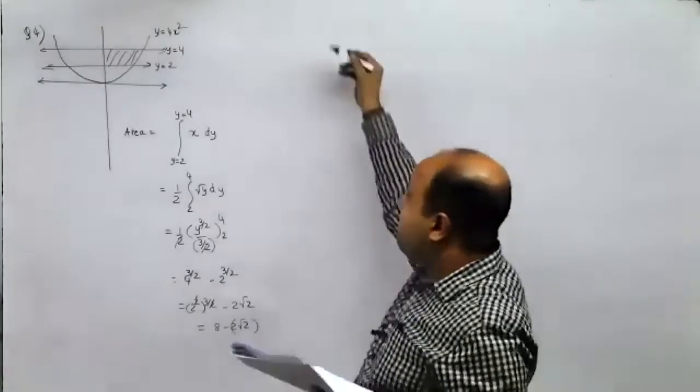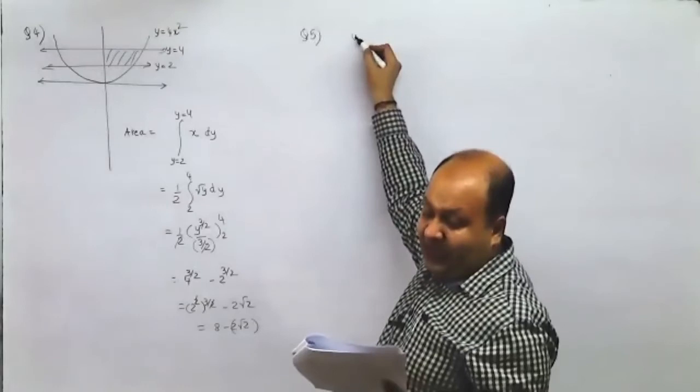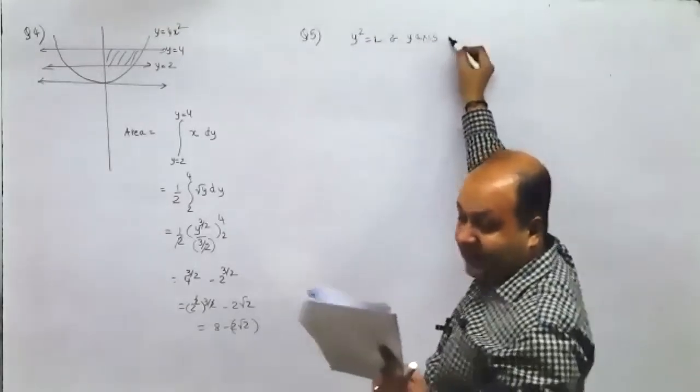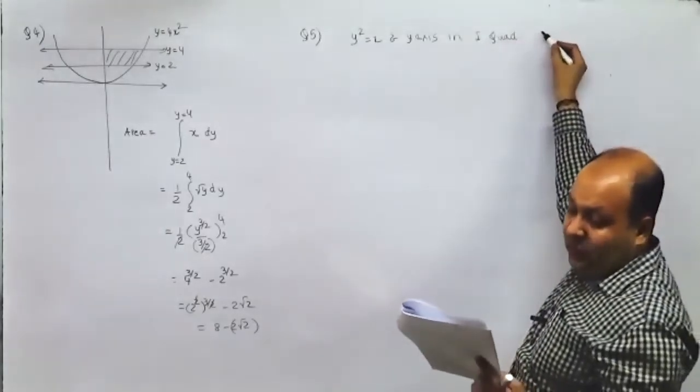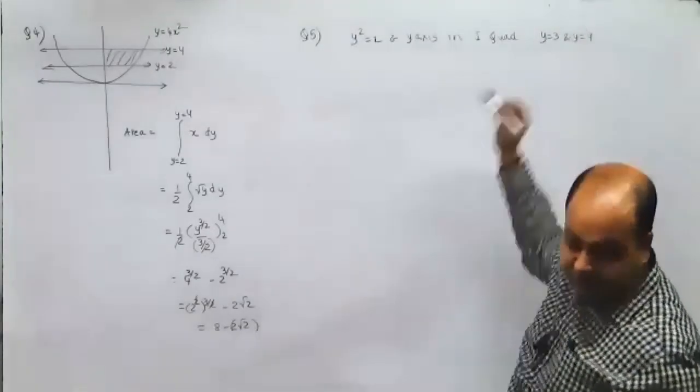The last question for the day. The area is bounded by y square equal to x and the y axis in the first quadrant, and the lines y equal to 3 and y equal to 9.